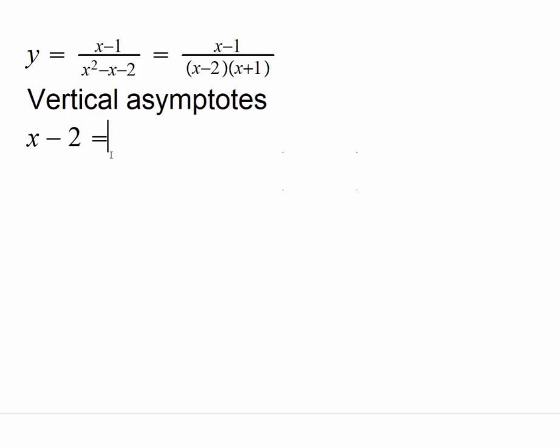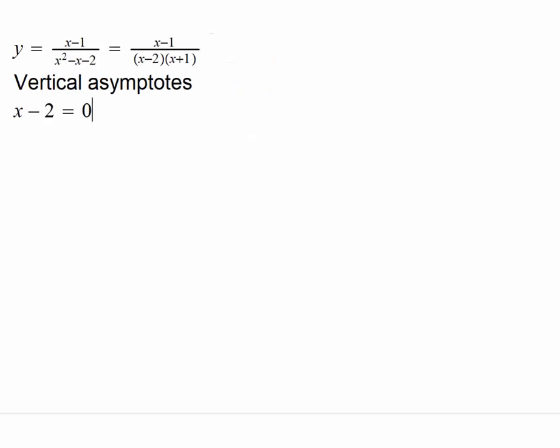And the other one would be x plus 1 equals 0, or x equals -1. So these are the vertical asymptotes.